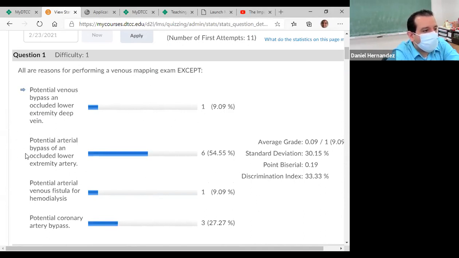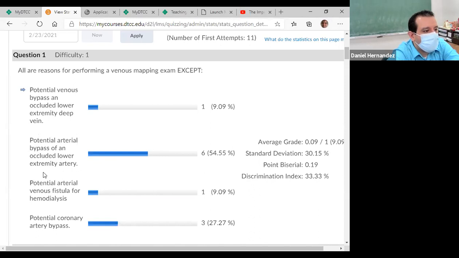We're going to look at the greater saphenous vein, and they could potentially remove that greater saphenous vein to use it as a bypass to get perfusion down to the foot, or if there's a segment in the thigh that's occluded, they'll bypass that segment.